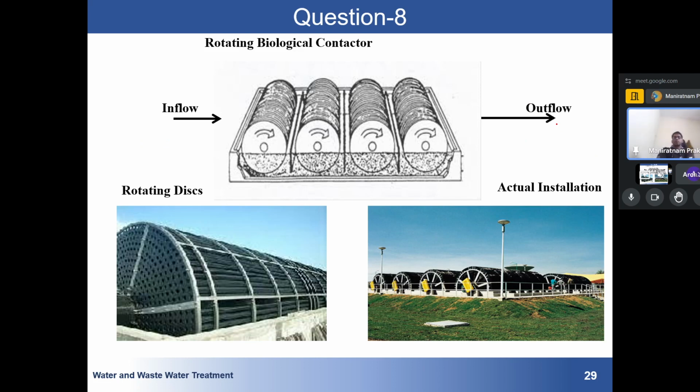Before going to the answer, I want to show you this. What is this? I have already said this. A kind of biofilm will be attached to here, and that biofilm will contain some kind of microbes. Water will come here. It will contain some organic matter, and that biofilm will act on the organic matter present in the system.